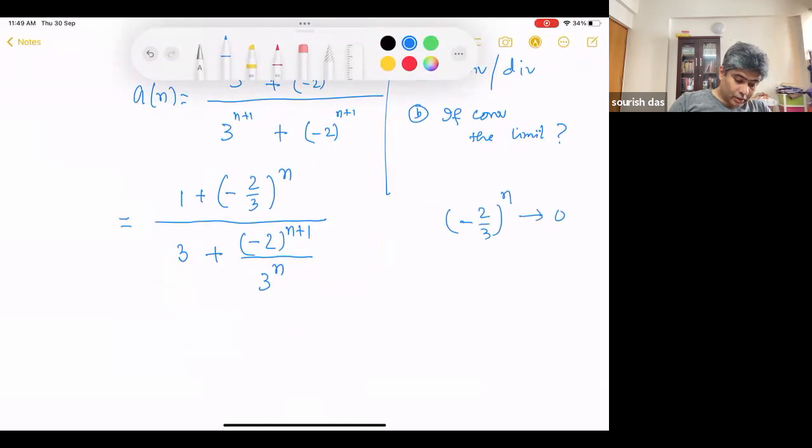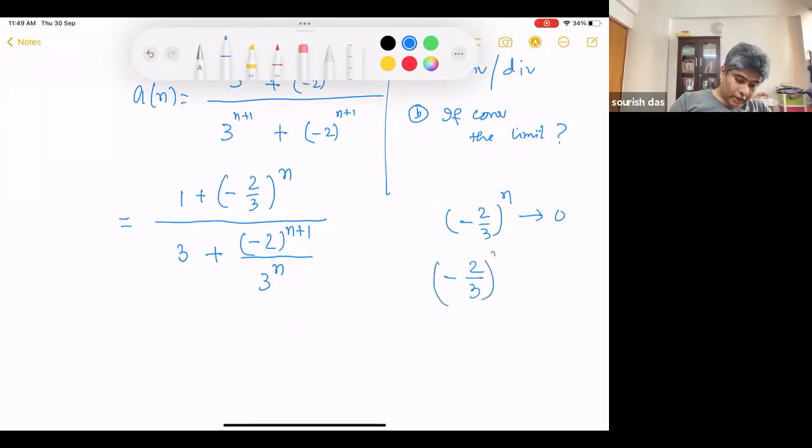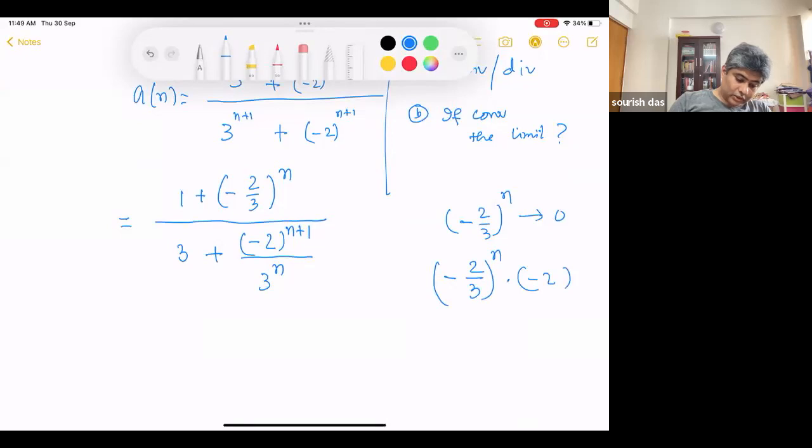In the denominator, it is better if we write 3 plus (minus 2 by 3) to the power n into minus 2, and this will also go to 0. So the entire thing will go to 1 by 3. All of you understood?